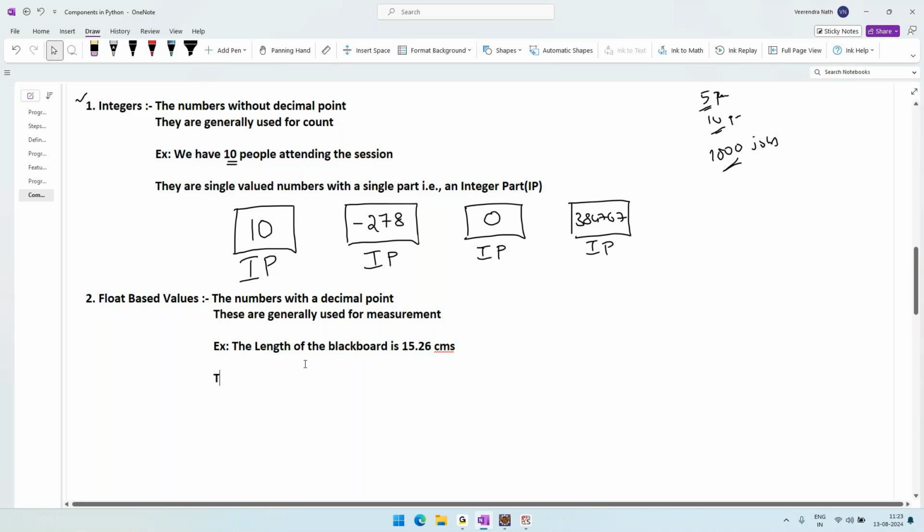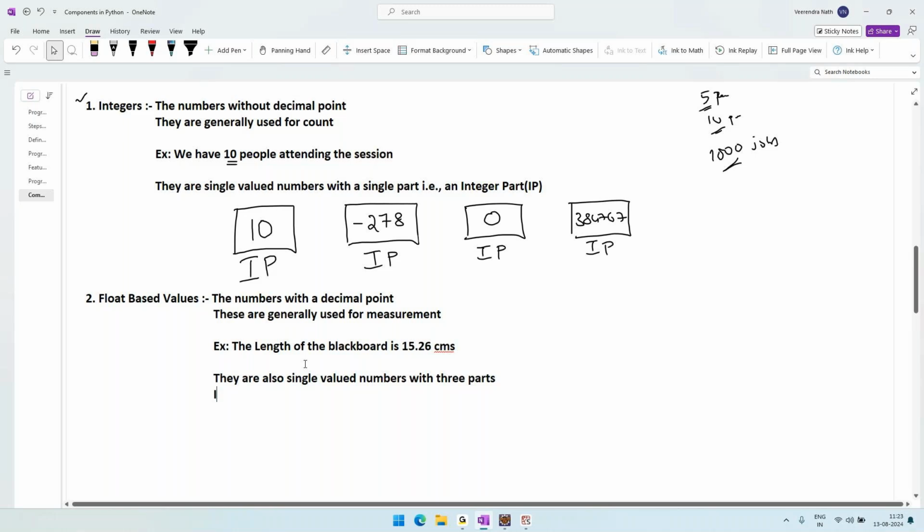They are also single valued numbers, but with three parts. So what are the three parts?